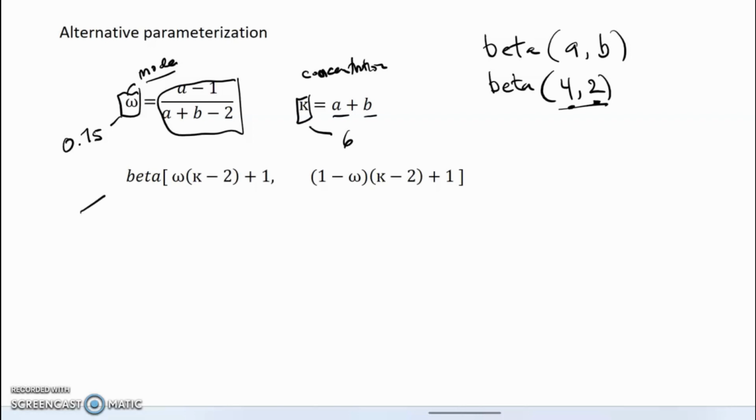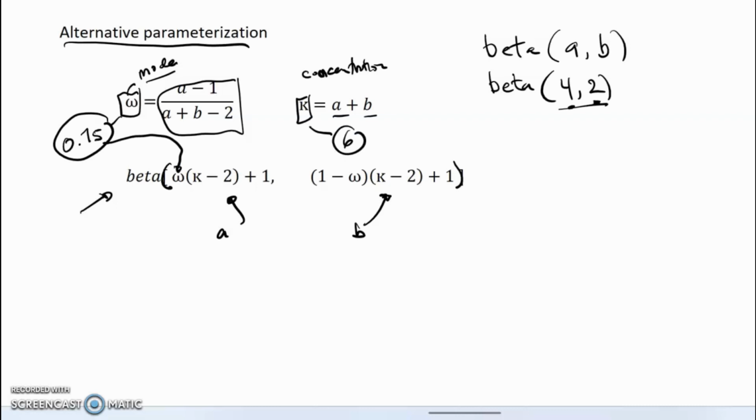So the configuration of the beta distribution with this alternative parameterization is shown here. So it's a beta. And so A would be this thing, B would be this thing. And in fact, you can calculate that if you were to substitute 0.75 for omega, and if you were to substitute 6 for kappa, this thing would once again return to being a beta 4-2 distribution.